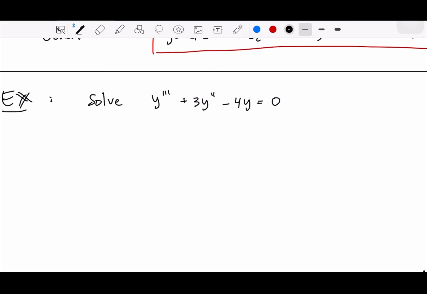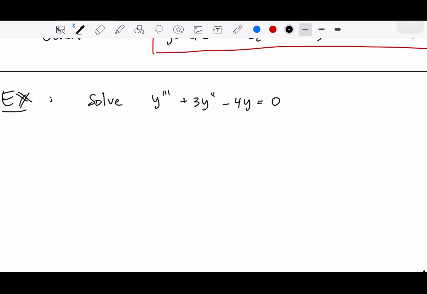All the constant coefficients in our case here will be homogeneous, okay? Because that is the way we get the auxiliary equation. So when we have this, we can take this order as the power for our auxiliary m.